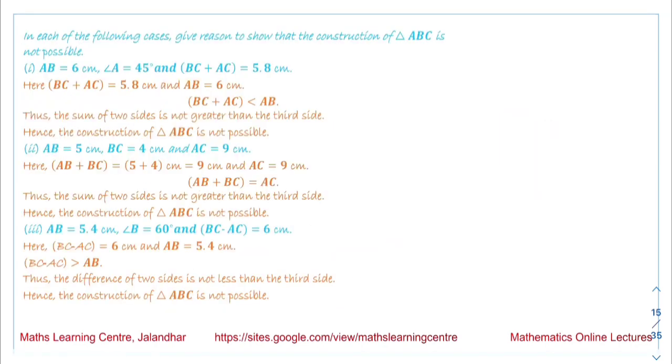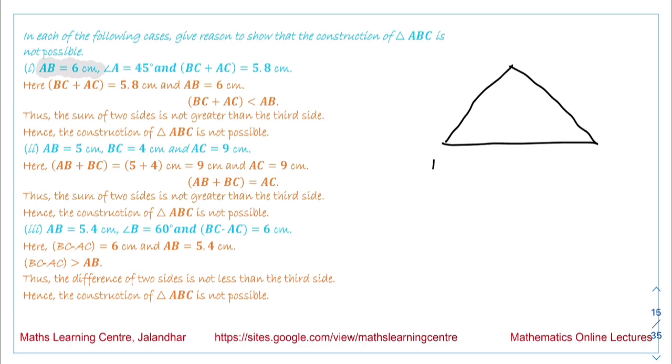Now the next, we have this question over here, and we are given some values, and we have to prove that the construction of the triangle ABC is not possible in any of these cases. So first we are given that AB is equal to 6 centimeters. Suppose we are given a triangle ABC.